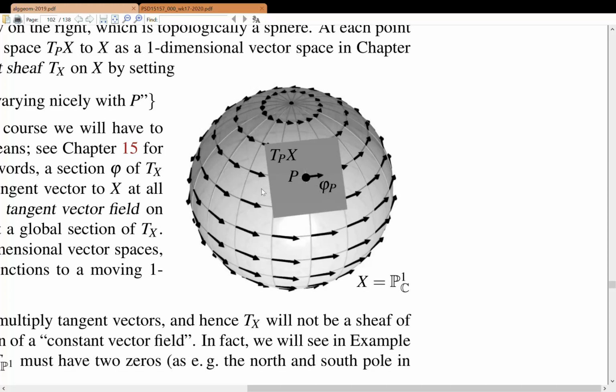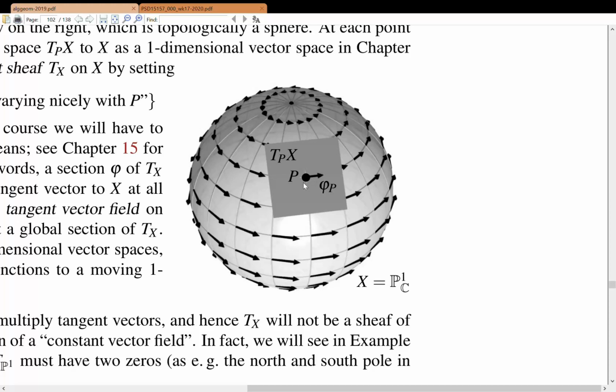Now, of course, this picture doesn't show every single point. It just shows some of the points that land right on this grid. But you're supposed to imagine there's a little arrow attached to every single point of the sphere, and they also sort of vary continuously. Okay, and notice, even though all these tangent spaces are two-dimensional vector spaces, there's not one single global tangent space that they all lie in together.